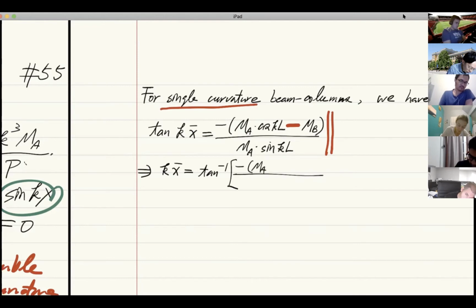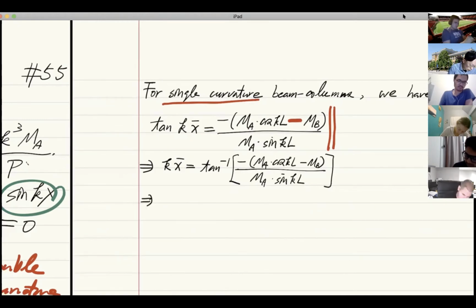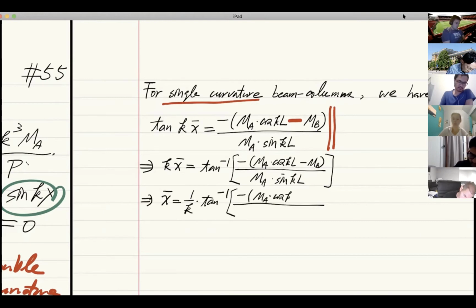Negative MB cosine KL minus MB, not positive, not plus, MA sine KL, and consequently X bar is 1 over K arctangent of the whole thing divided by MA sine KL.